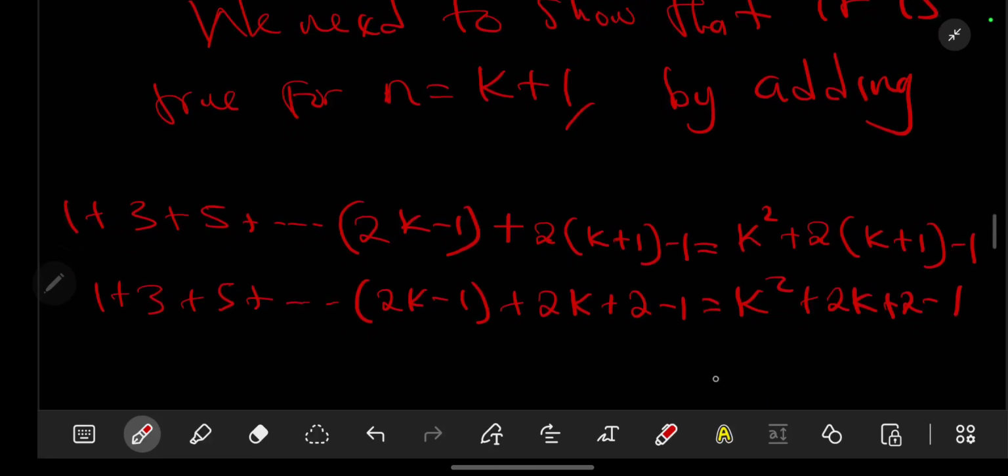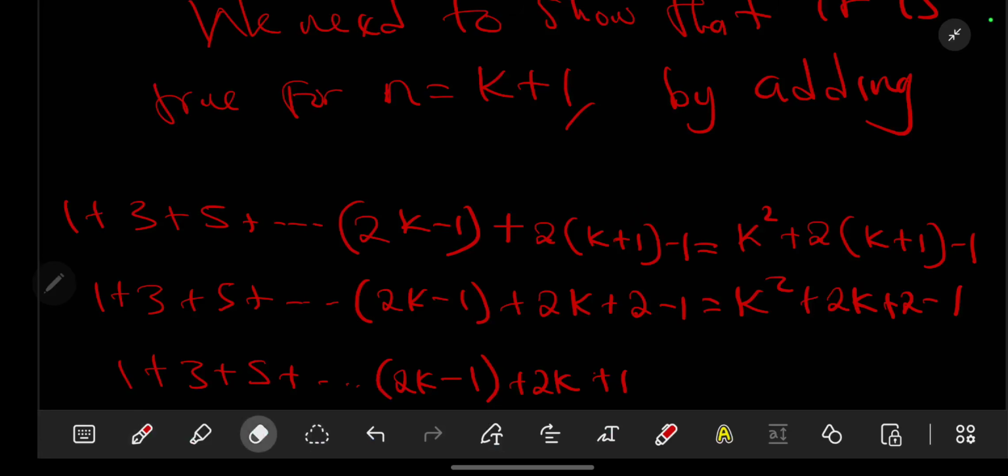So what we have is 1 plus 3 plus our 5 plus dots dots dots. We have our 2k minus 1 plus our 2k. 2 minus 1, it will be plus 1, should be equal to, we have our k squared.